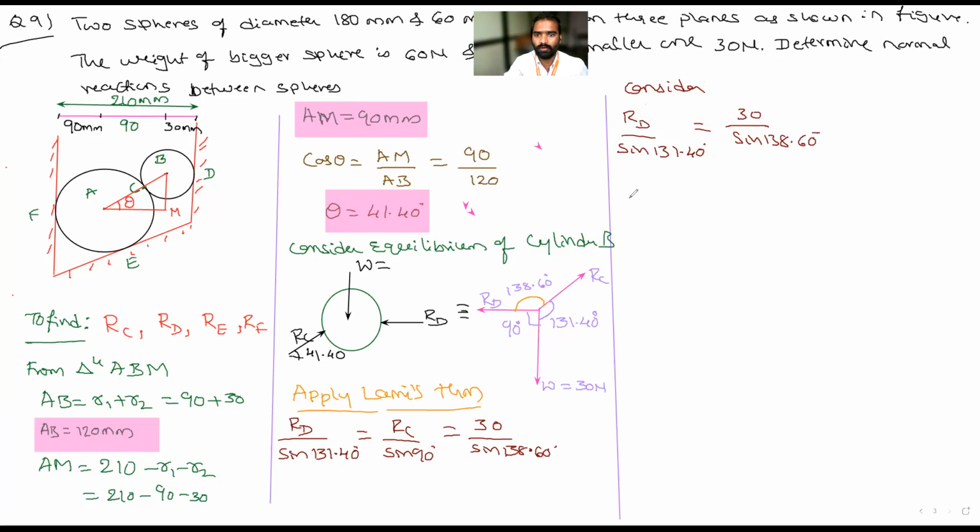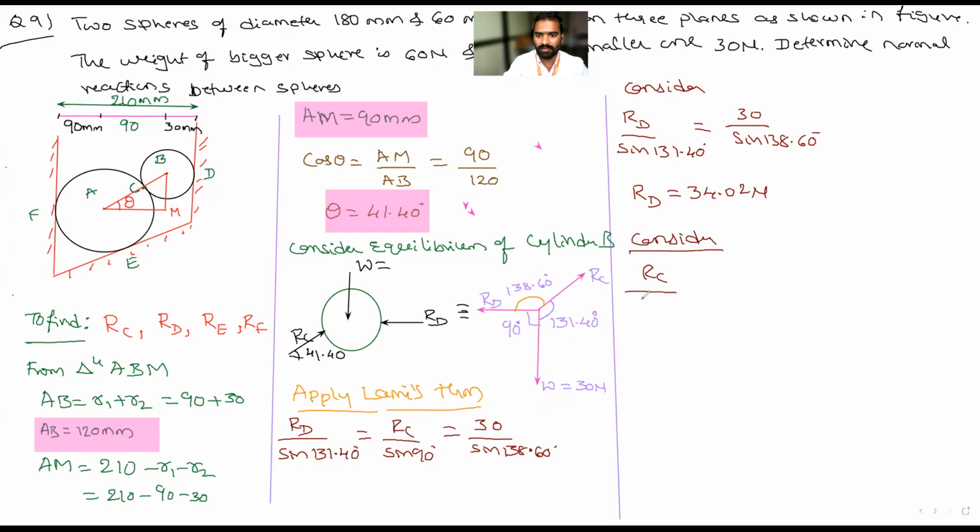Calculate the value of RD. It is 34.02. Okay, correct, 34.02 Newton.